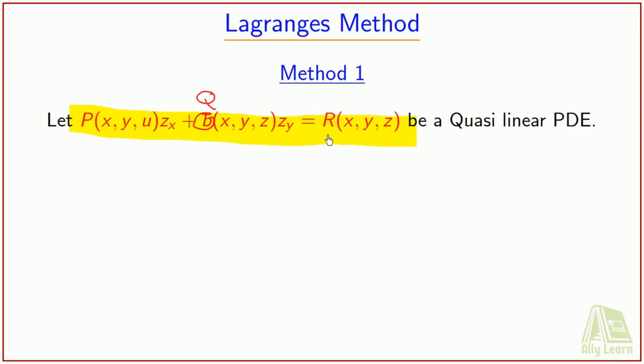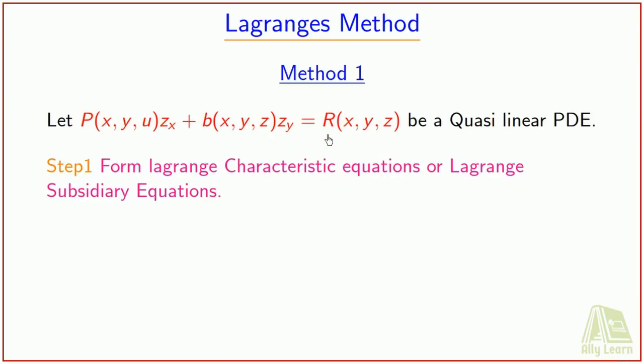So friends, the first step is to calculate the Lagrange subsidiary or characteristic equations. Firstly, form the Lagrange's characteristic or Lagrange subsidiary equations. And the equations that we have already seen in the previous theorem are of this type: dx over P equals dy over Q equals dz over R. Now this P is nothing but the coefficient of Zx, just moved over here, and this Q is nothing but the coefficient of Zy.